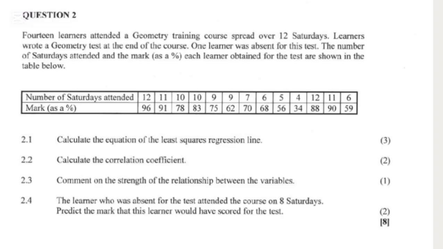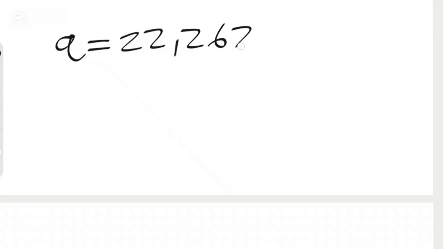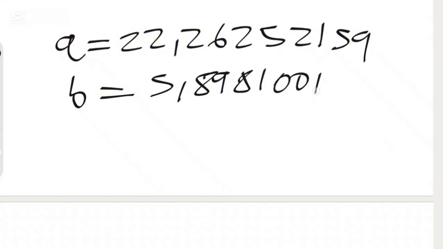Okay, I don't know if you guys have this, but you will start by determining a, which is equal to 22.26252159, and b is equal to 5.8. I'll show you how I got this. 00173.